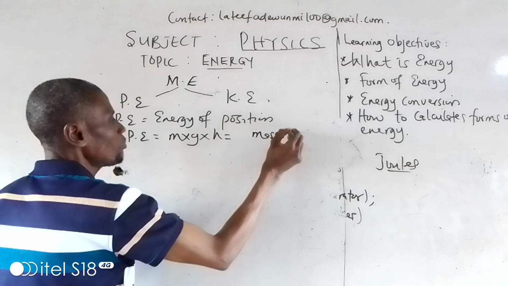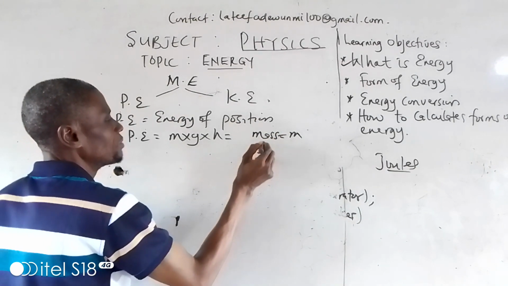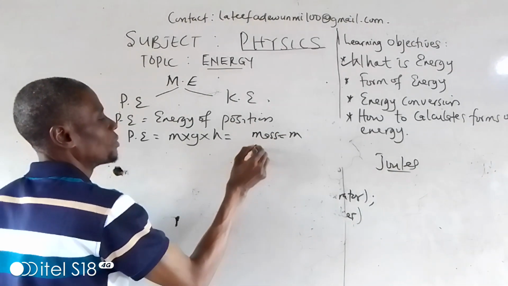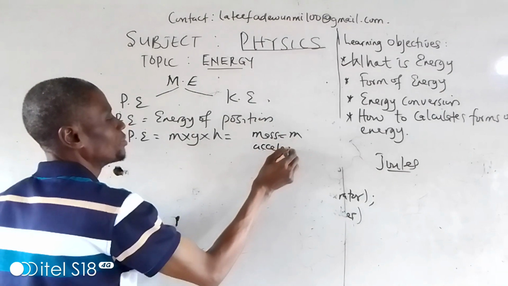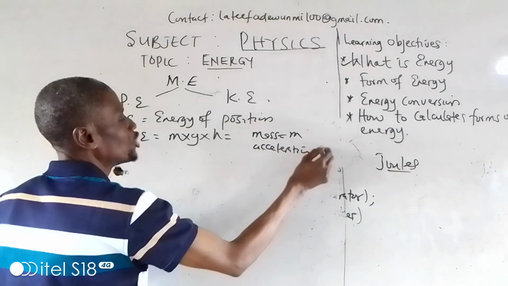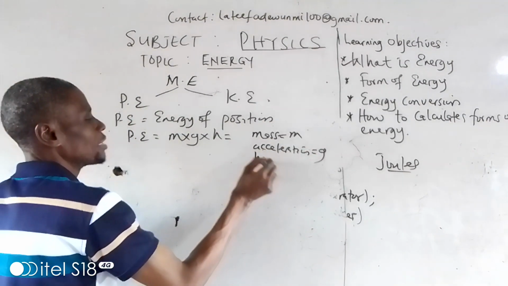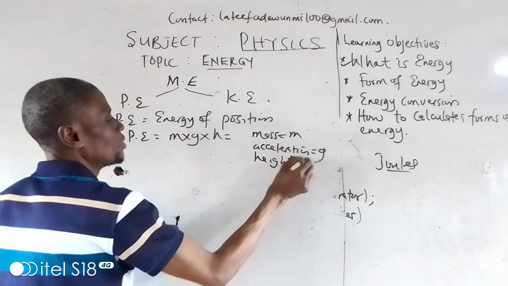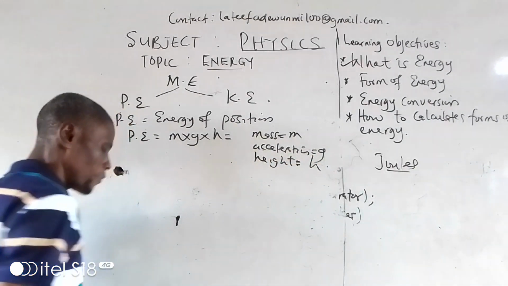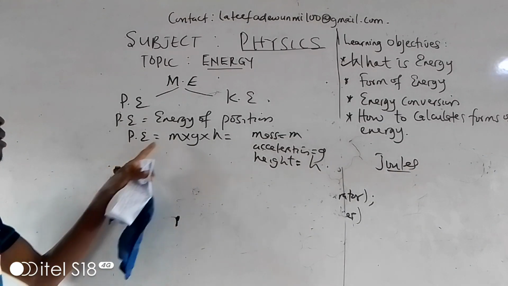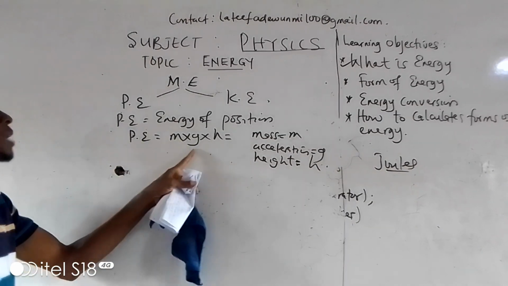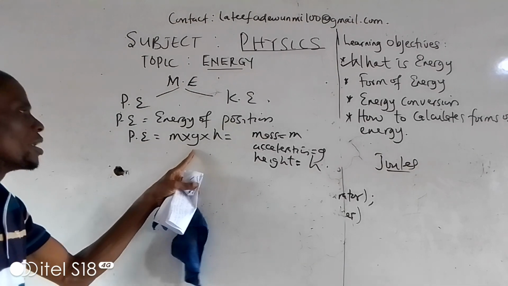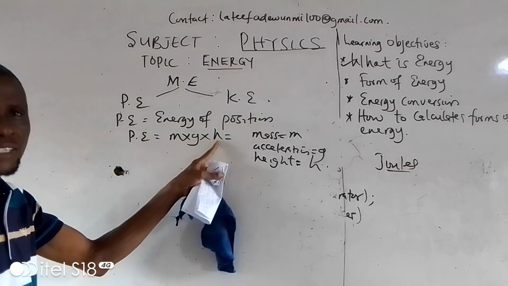G is the acceleration due to gravity. What about H? H stands for height. So these are the three things involved in the calculation of potential energy: multiply your mass times your acceleration due to gravity multiplied by your height.